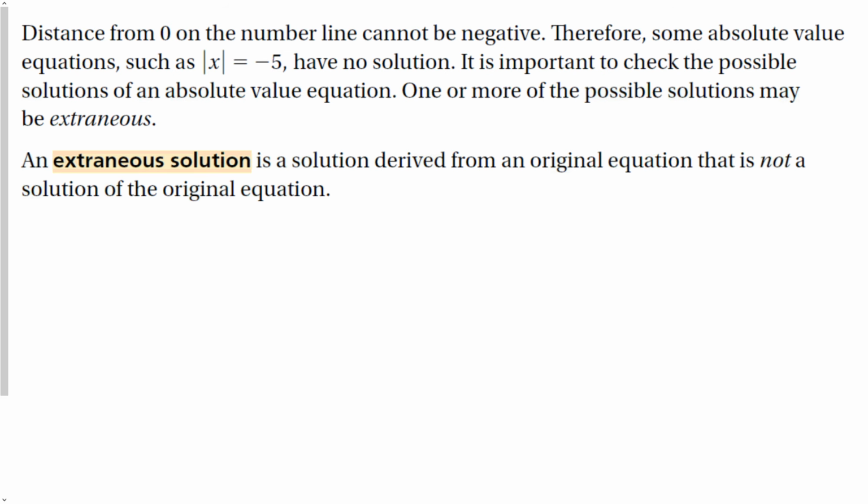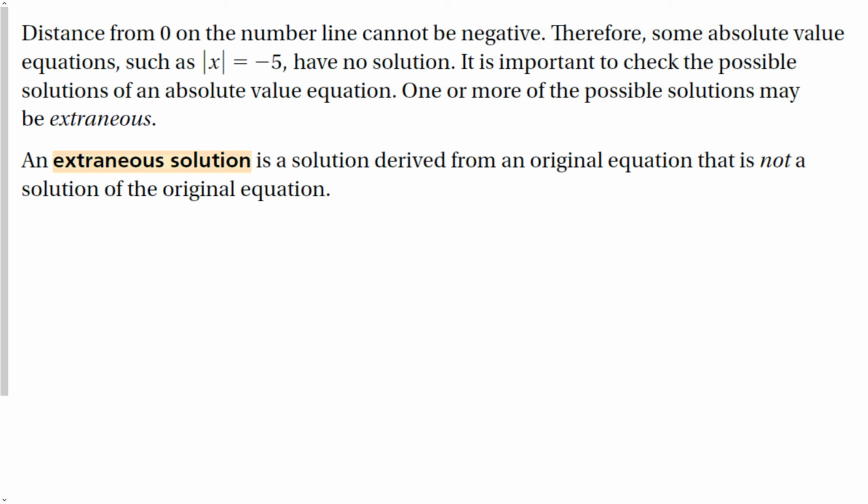So distance from 0 on a number line cannot be negative. That is the definition of an absolute value. Therefore, some absolute value equations, such as the absolute value of x is equal to negative 5, have no solution. It is not possible. So what does that mean for you?